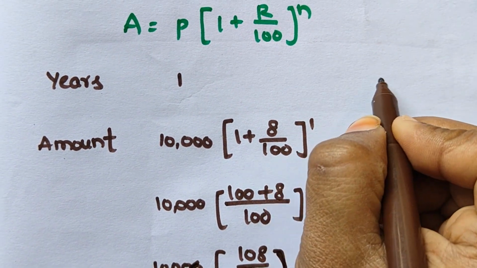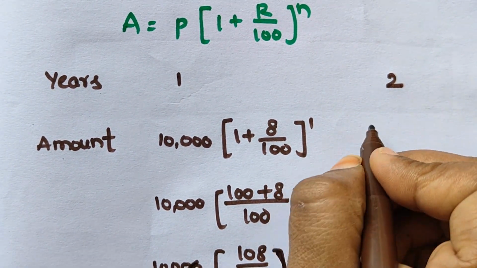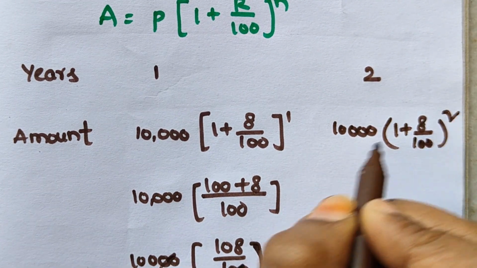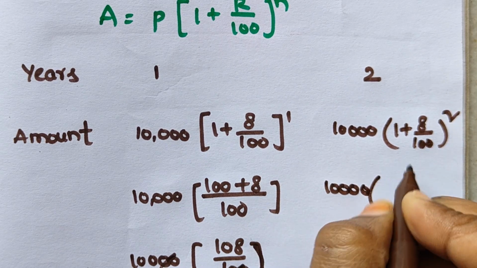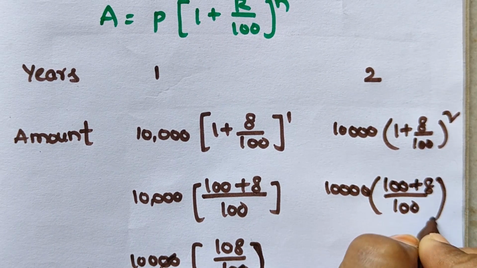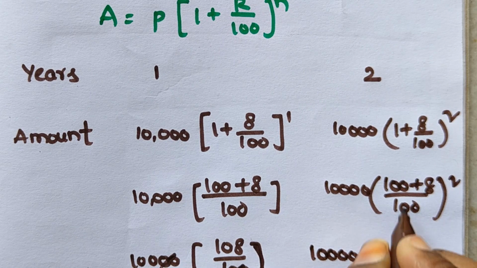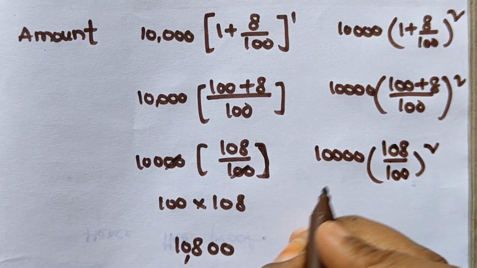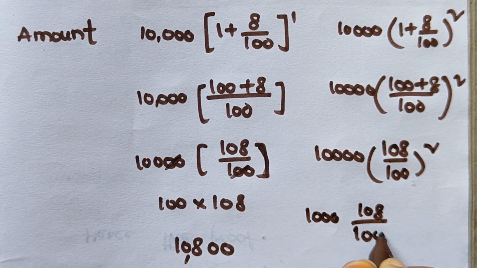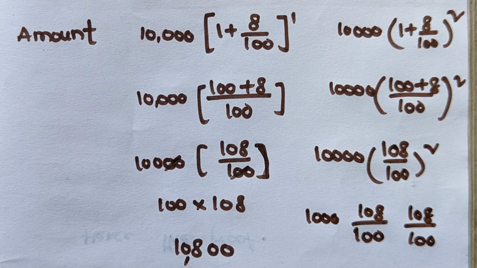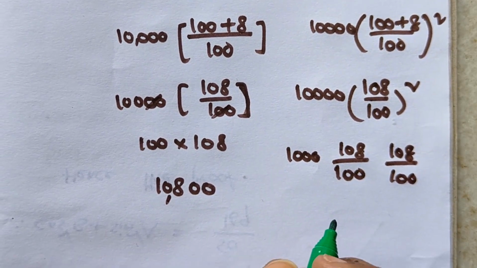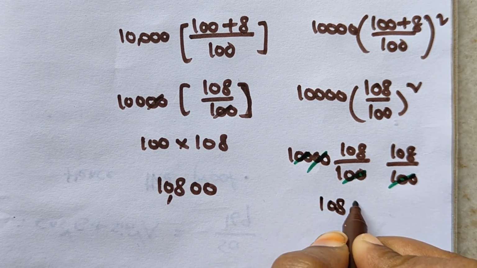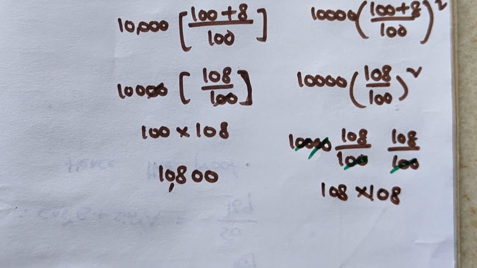Amount at the second year: we have 10,000 into 1 plus 8 by 100 whole square, where n is equal to 2. For the 2 years amount, 10,000 into LCM is 100, numerator is 100 plus 8, whole square. 10,000 into 108 whole divided by 100 whole square, which means we have to separate this: 10,000 into 108 by 100 into 108 by 100, cancellation, 2 zeros 2 zeros cancel. 108 into 108 is equal to 11,664.